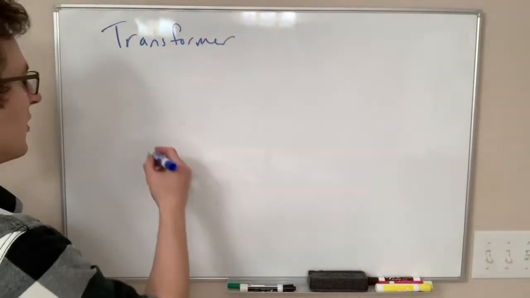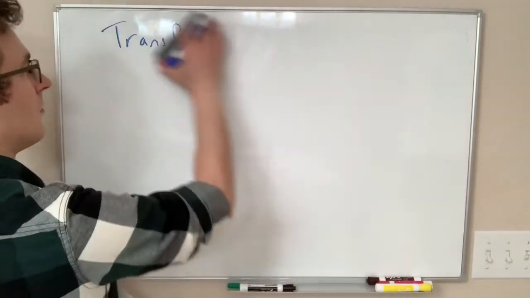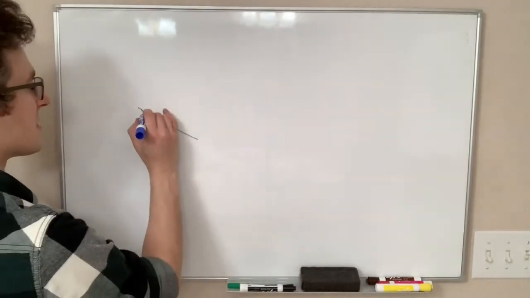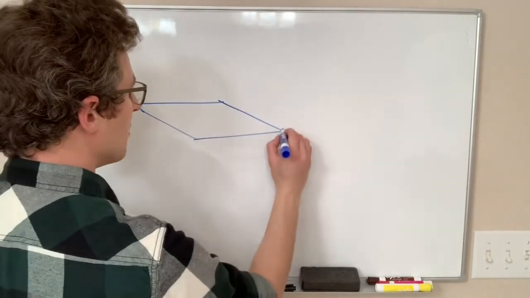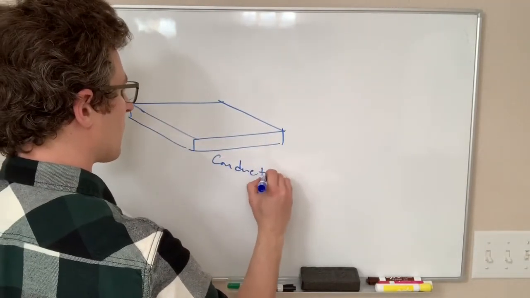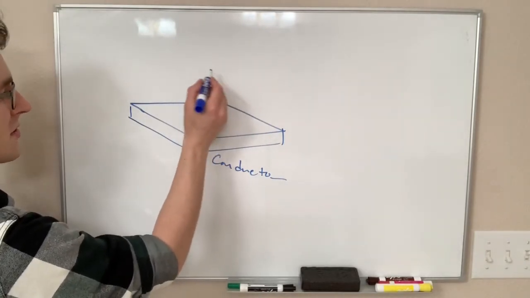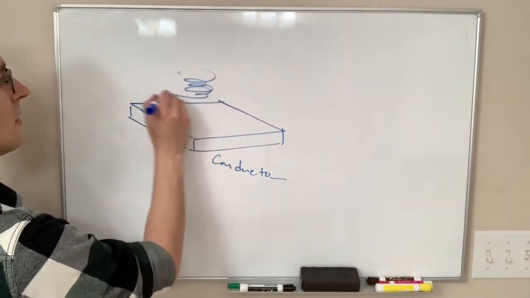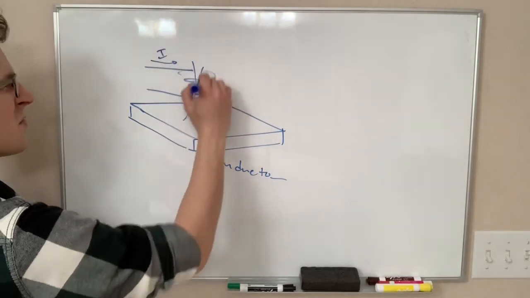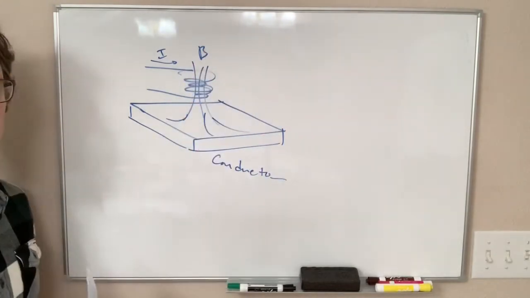So if we have a piece of conductor, so now let's imagine we just have a slab of some conducting material, and we have some magnetic field here. Maybe it's a solenoid that's making a magnetic field when it has a current going through it or something like that. So this is making some B field that goes through our conductor.